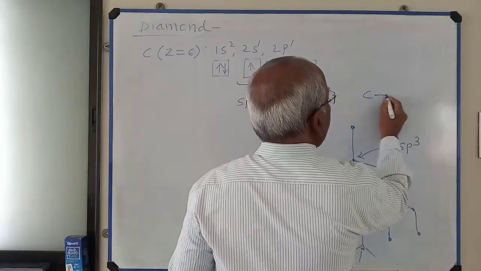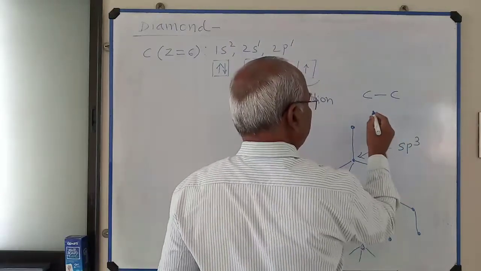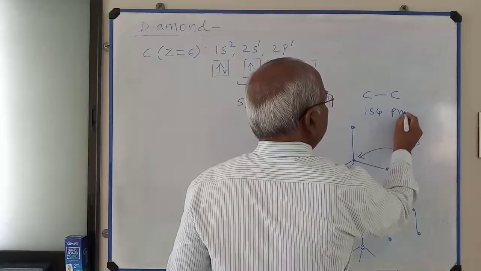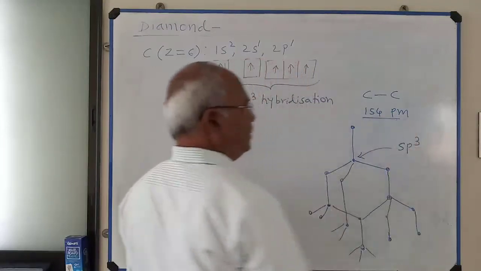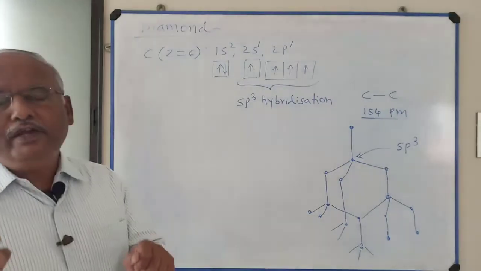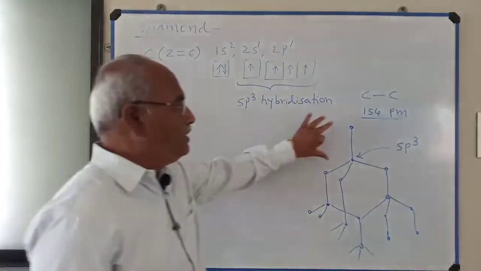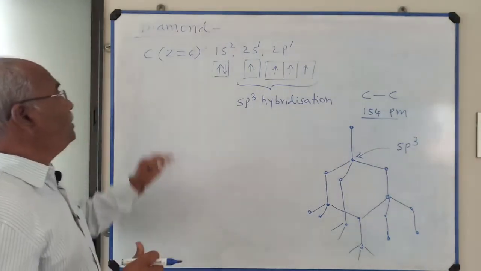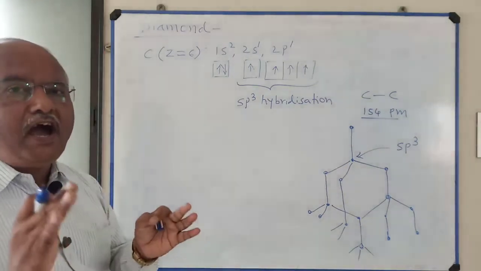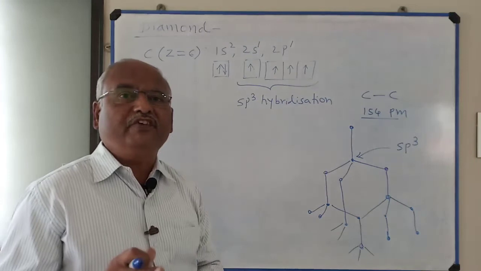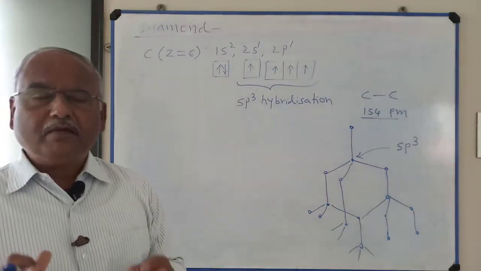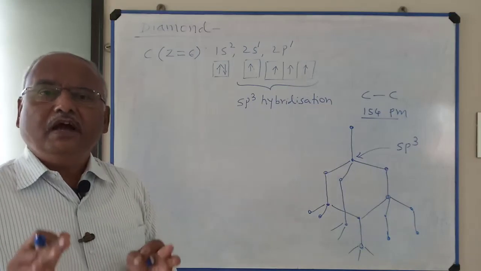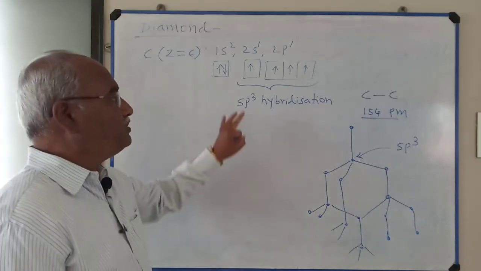Carbon-carbon bond has bond length 154 picometer. The bond is very strong. Therefore, diamond is the hardest substance present on the earth.